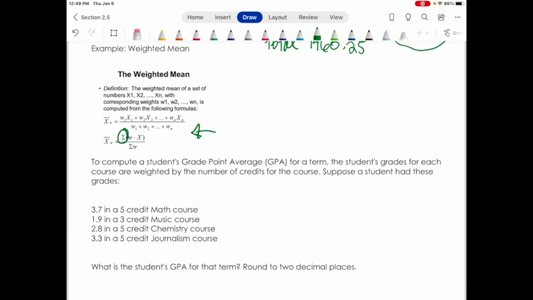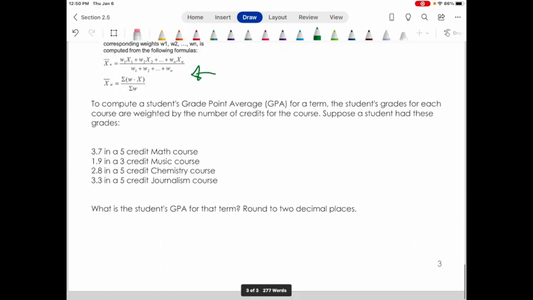And remember, that symbol means we're going to add them all up. So this is saying we're going to multiply each weight times each value of x and add it up. And then we're going to divide by the sum of all the weights. That's what those fancy symbols mean.